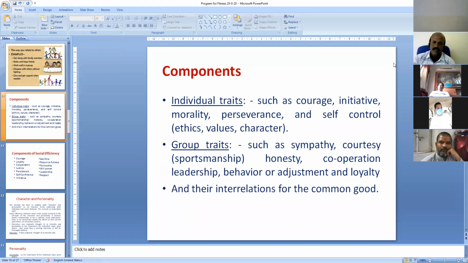If you interrelate these qualities, you will be a good human being and a good team player, so that a team can be benefited with these qualities. If each individual player of a team has these qualities, that team is really a good team, a strong team and unbreakable, related to these social aspects or psychological qualities.